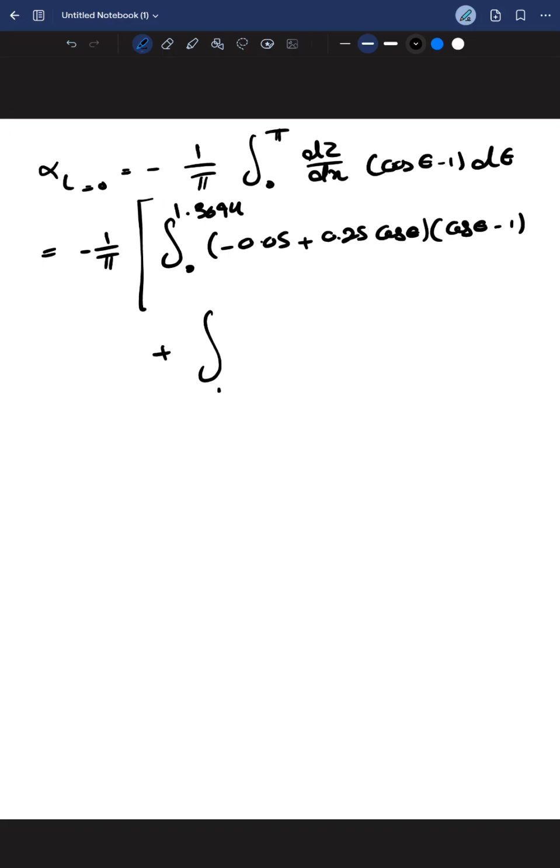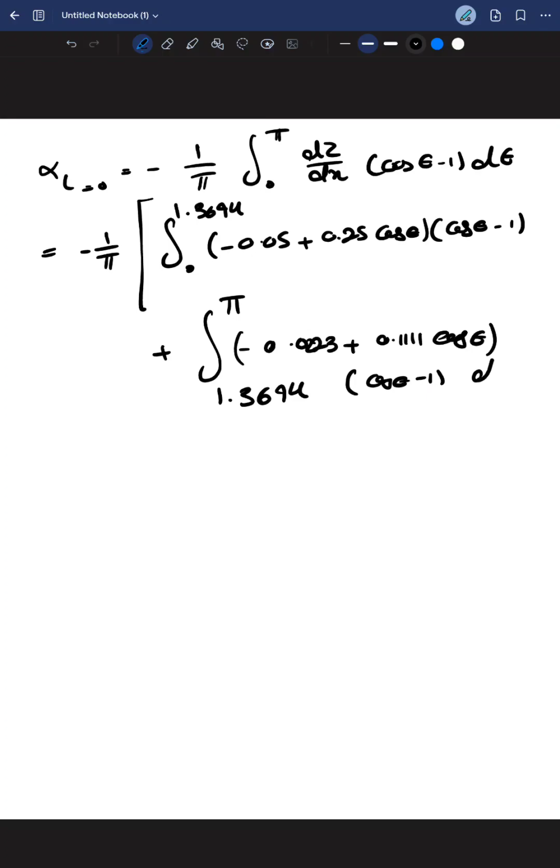plus the second integral, which is from 1.3694 to pi. The second integral is (negative 0.0223 plus 0.111 cosine of theta) multiplied by (cosine of theta minus 1) d theta.